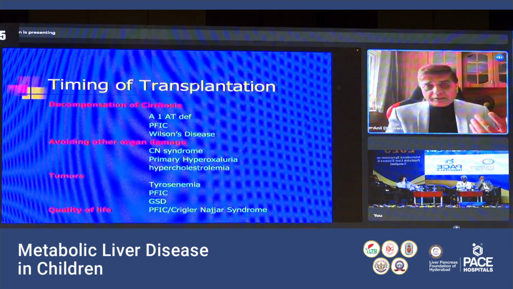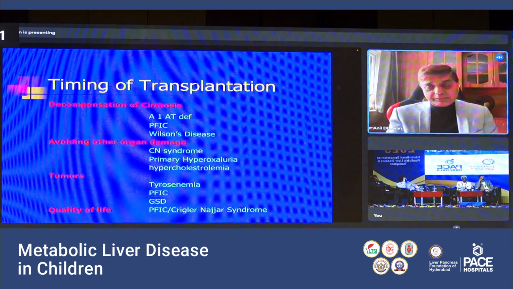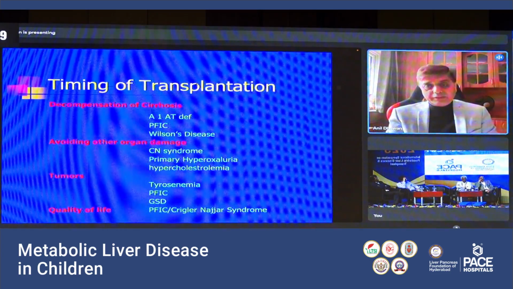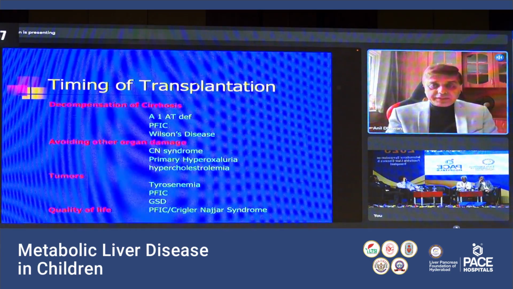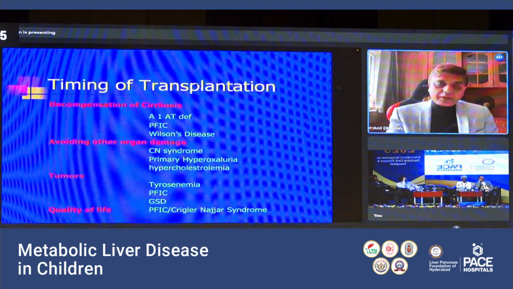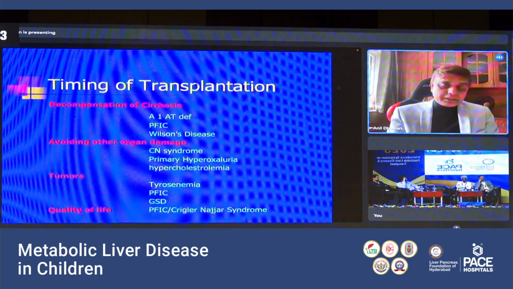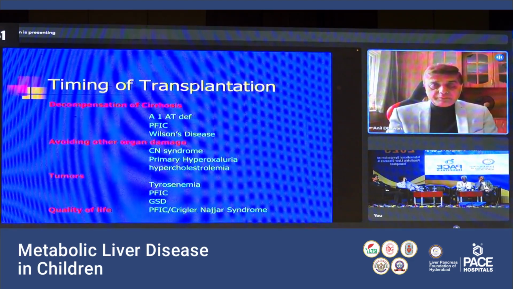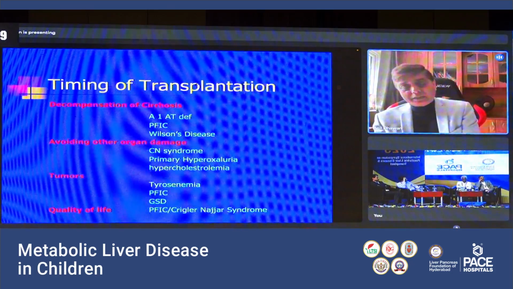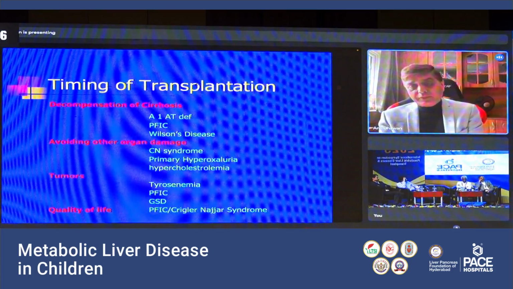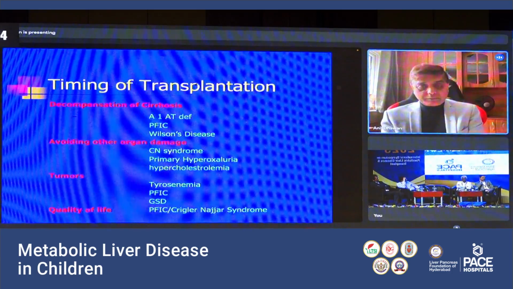Avoiding other organ damage: as I gave an example of primary hyperoxaluria, these patients will not die of liver failure or liver dysfunction. They die of kidney failure, but the abnormal metabolite is coming from the liver. Same with hypercholesterolemia, where you're avoiding a cardiac risk. Those patients are not dying of liver disease, but they will die of a cardiac problem.